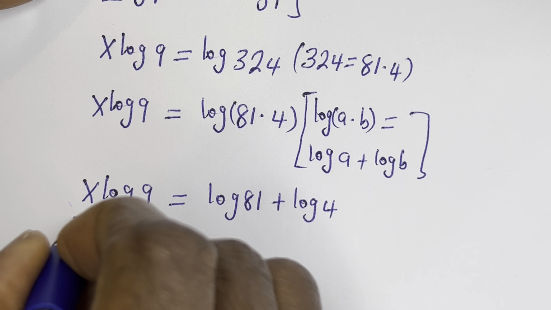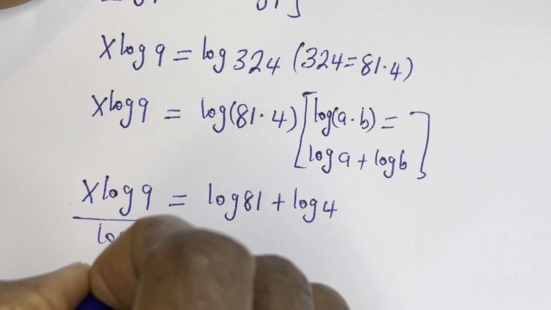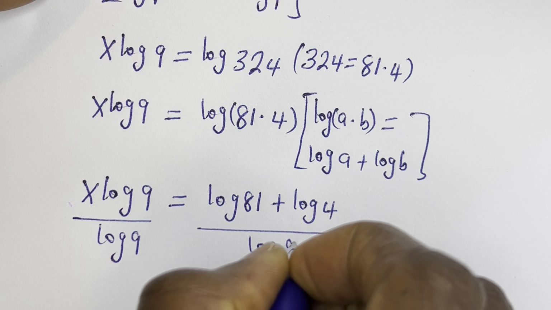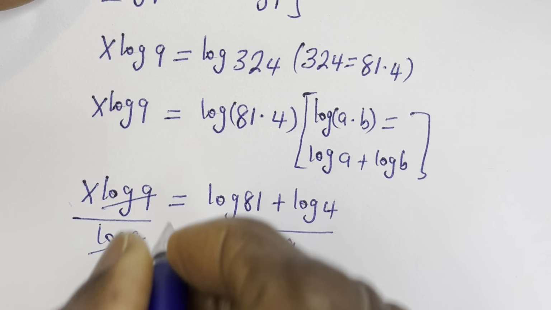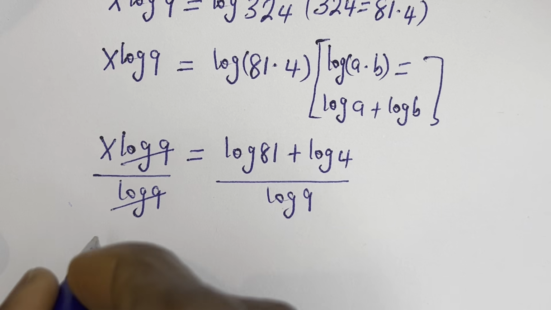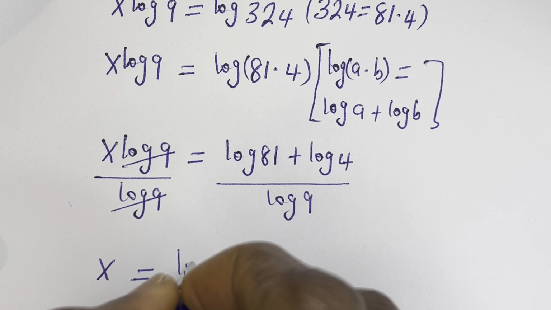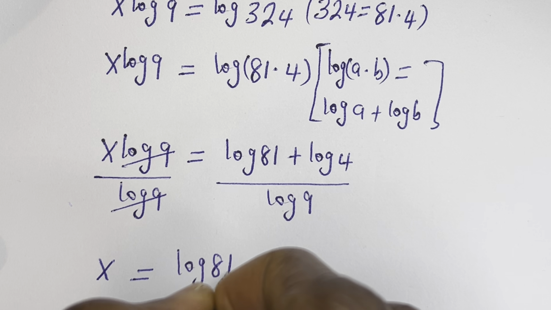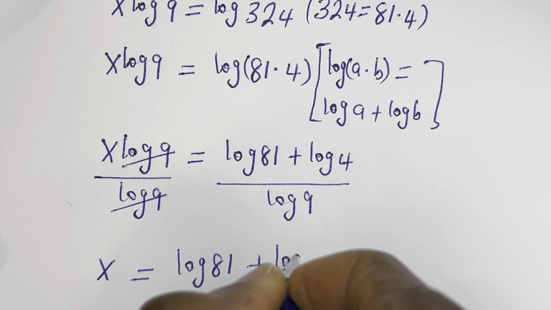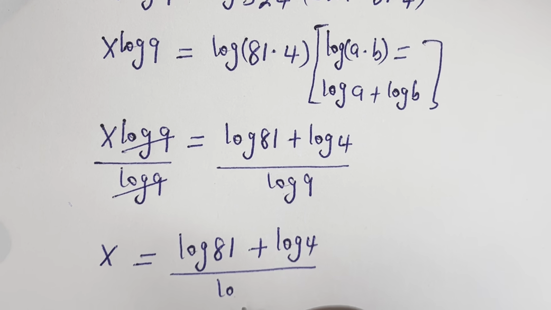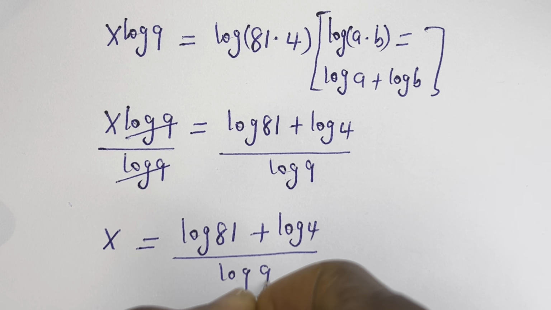Let's divide both sides by log 9. Then this divided by log 9. This will cancel this. x is equal to log 81 plus log 4 divided by log 9.